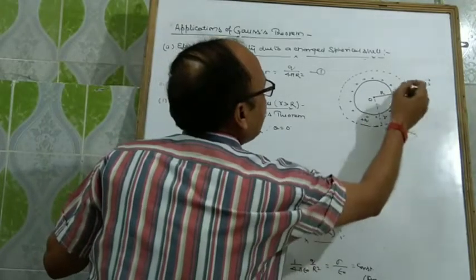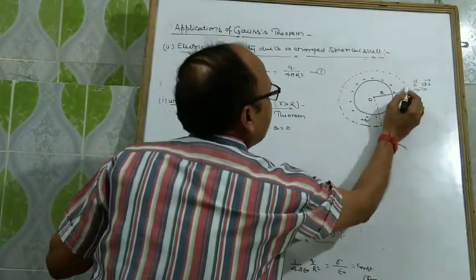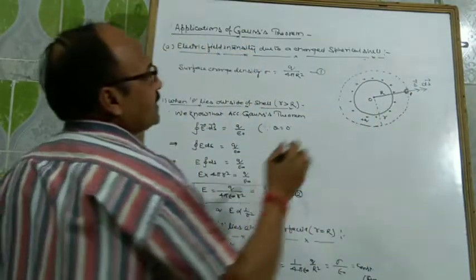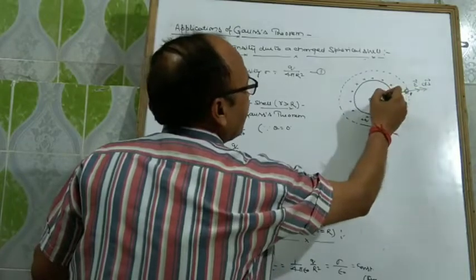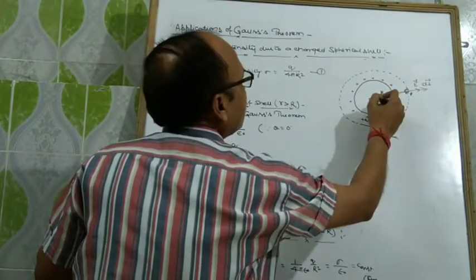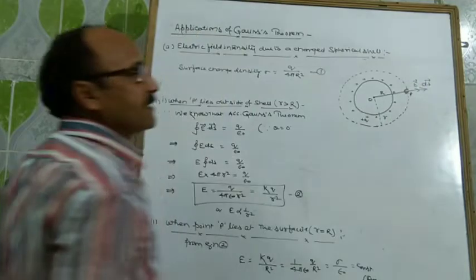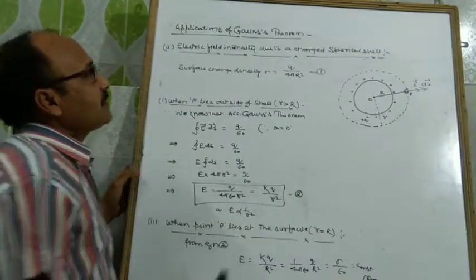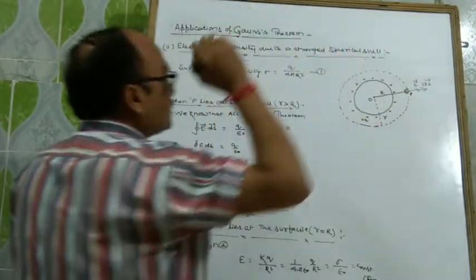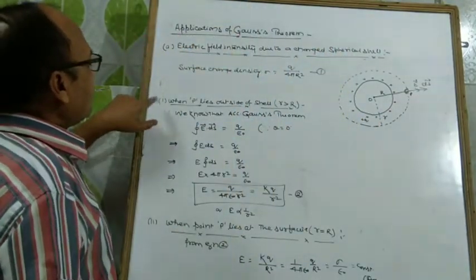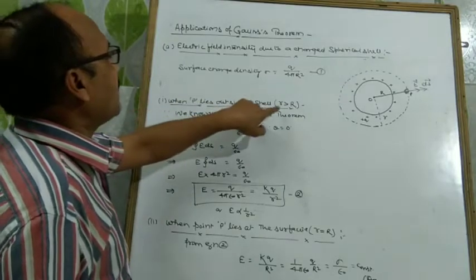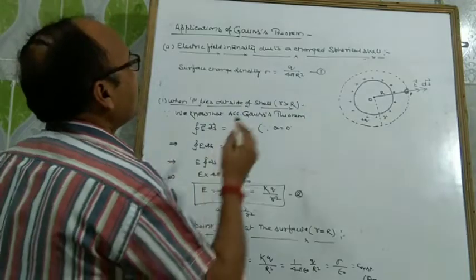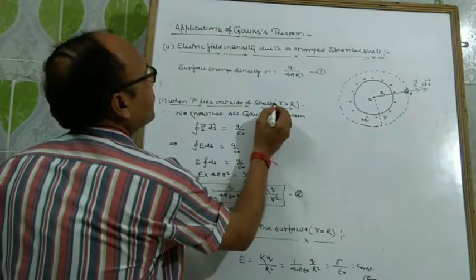On this surface we take a small element area ds around P. At this point the direction of ds and the direction of E are both the same, so the angle between them is 0 degrees. So in case first, when P lies outside the shell, small r is greater than capital R.